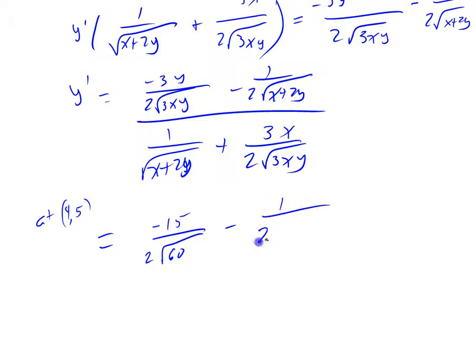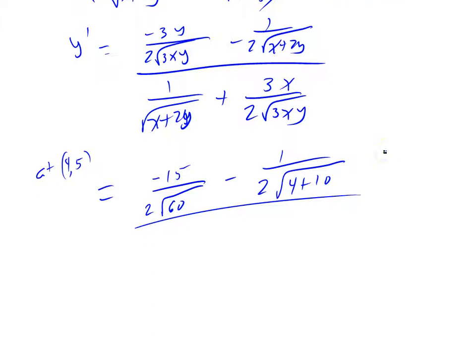Minus 1 over 2 times the square root of 4 plus 10, all over 1 over the square root of 4 plus 10, plus 12 over 2 times the square root of 60.